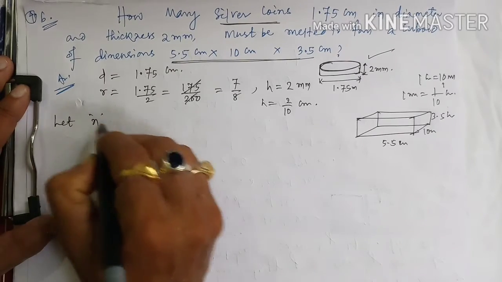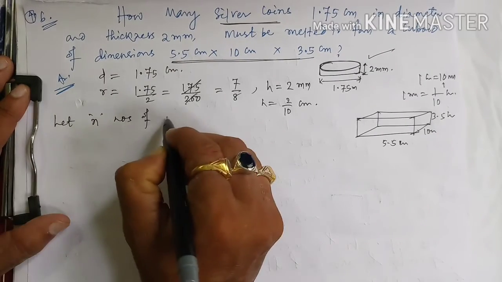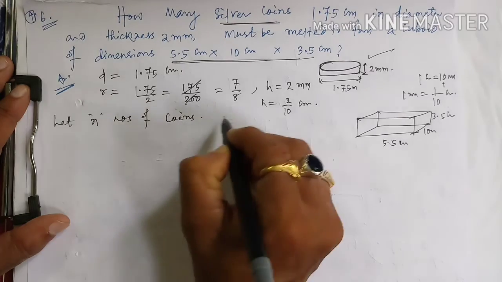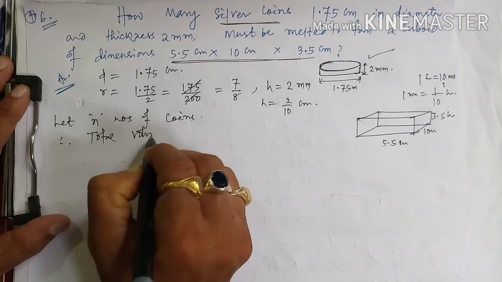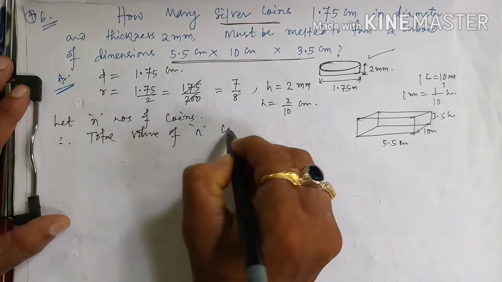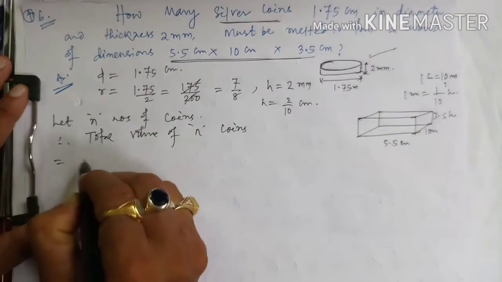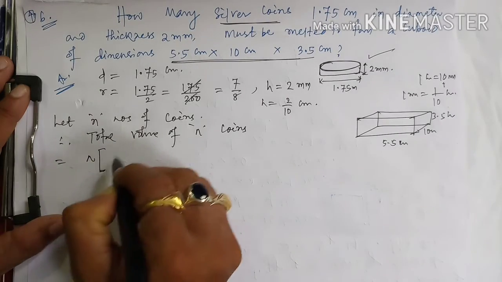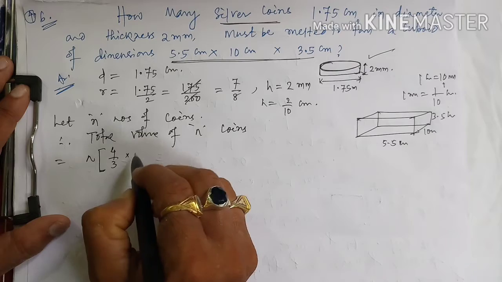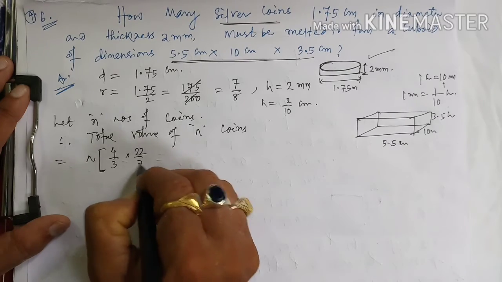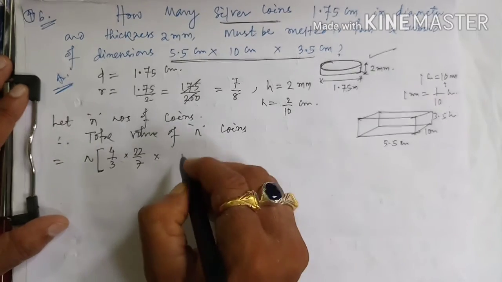Let n be the number of coins. Therefore, the total volume of n coins equals n into the volume of one coin.